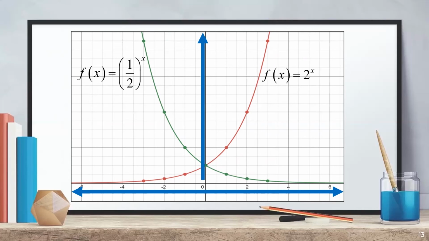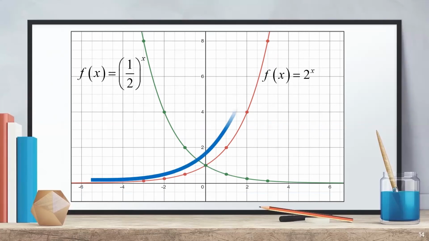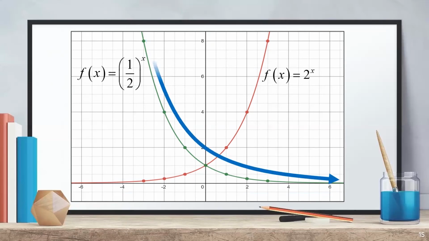Moreover, the graph of f of x equals 2 raised to x, where b or the base is greater than 1, shows an increasing trend. On the other hand, the graph of f of x equals 1/2 raised to x, where b is greater than 0 but less than 1, shows a decreasing trend.